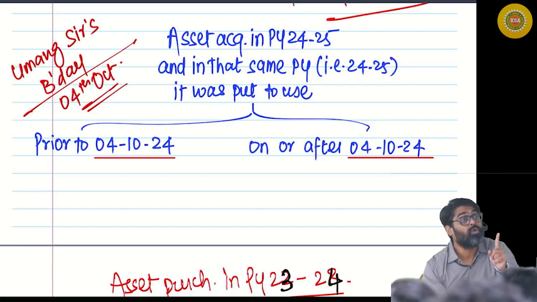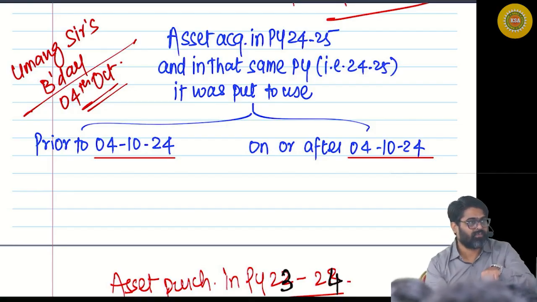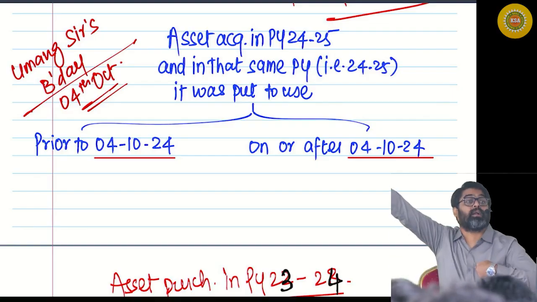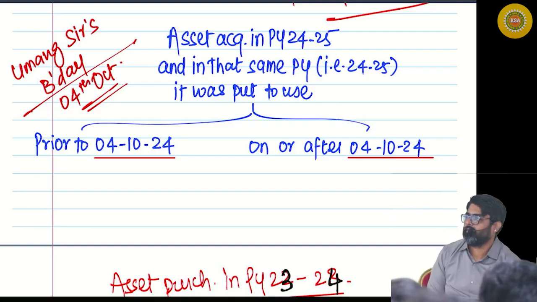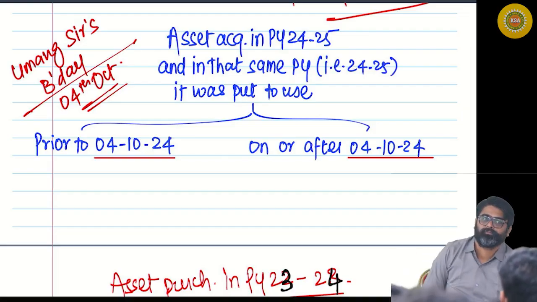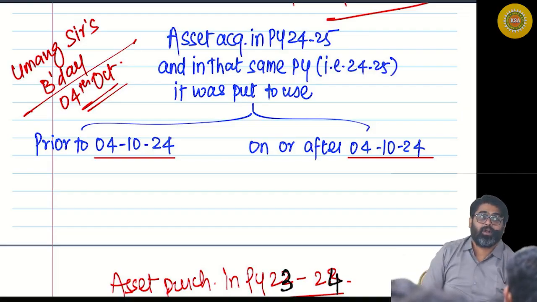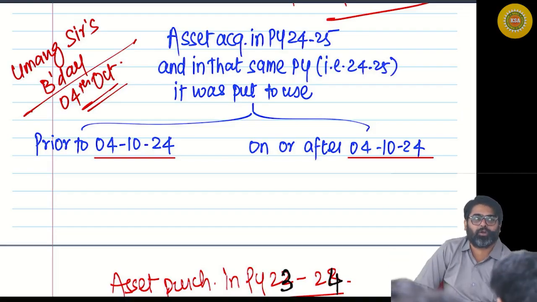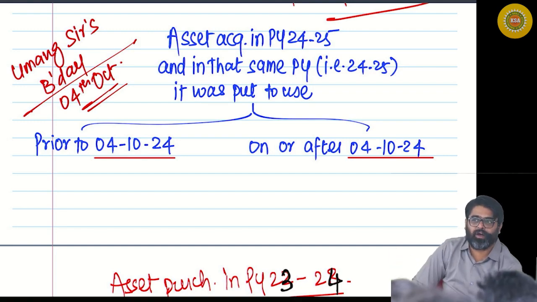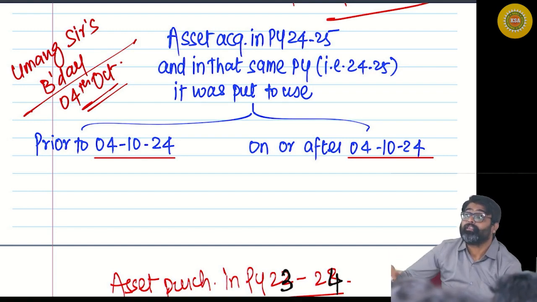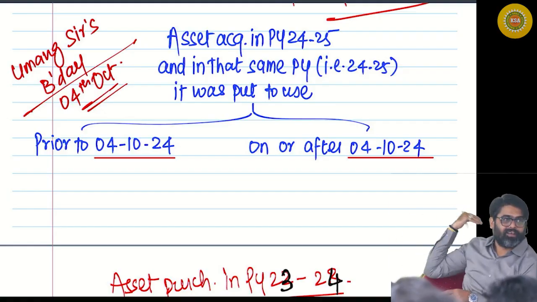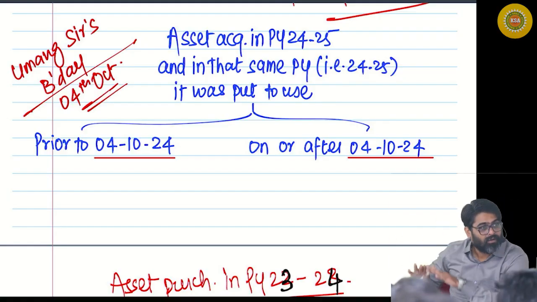So if you start using the asset from my birthday till 31st March, it will be 179 days. What if you start using the asset from 5th October? 178. From 6th October? 177. From 7th October? 176. The more you go this side, the days will keep on going down.